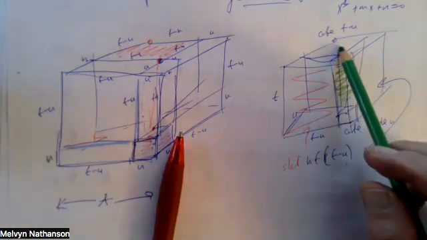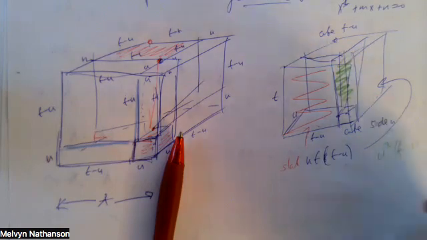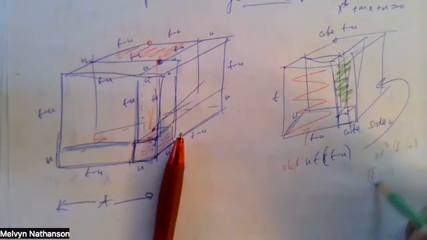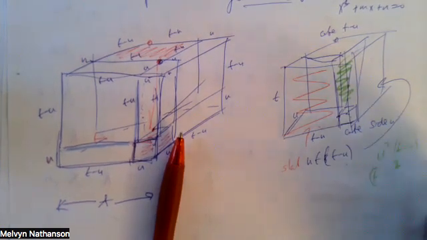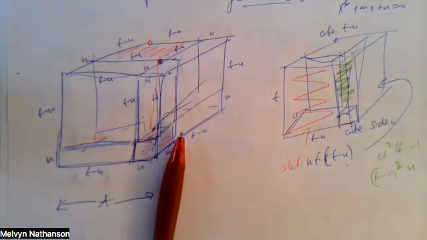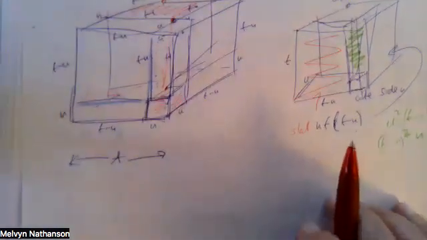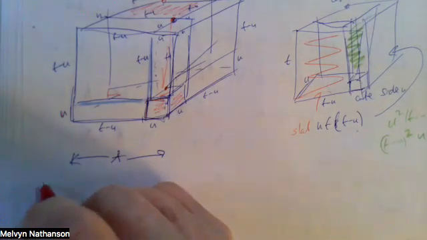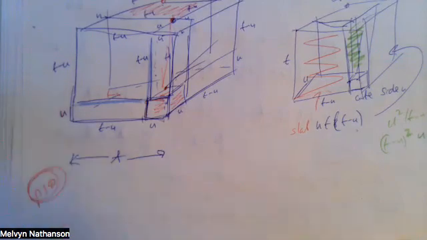And below this cube, I have a slab whose base is t minus u squared, and whose height is u. So you should look at the book. This is on page 143.